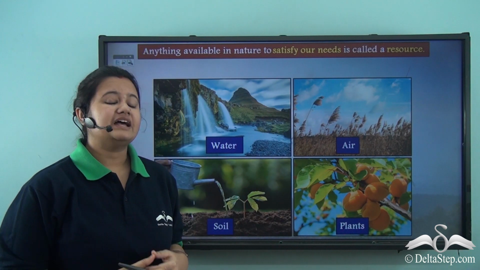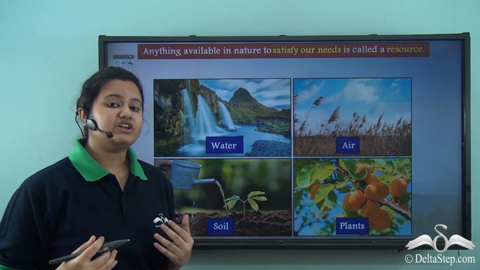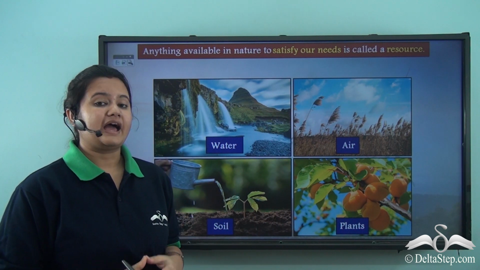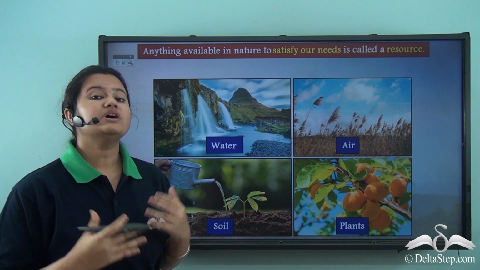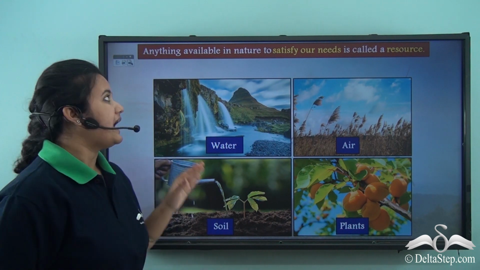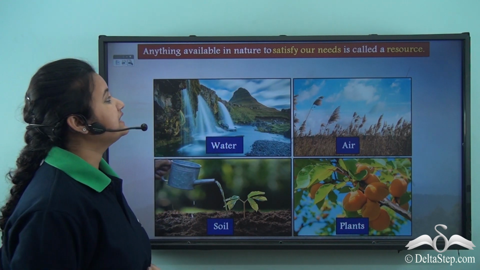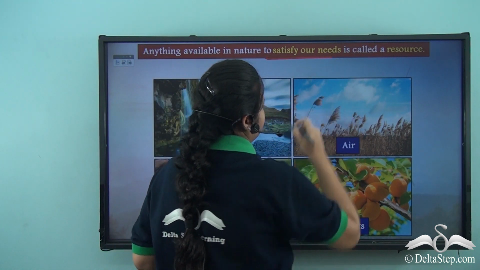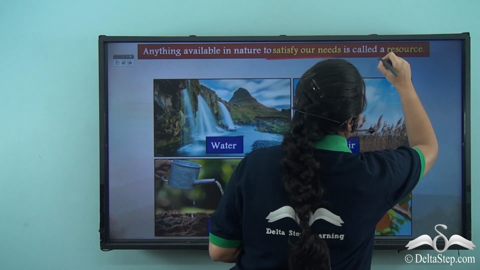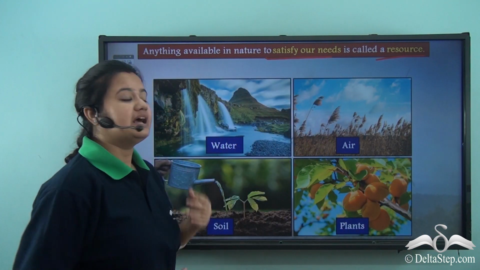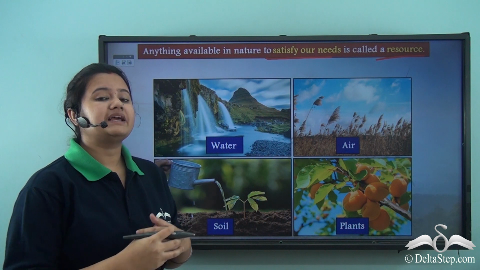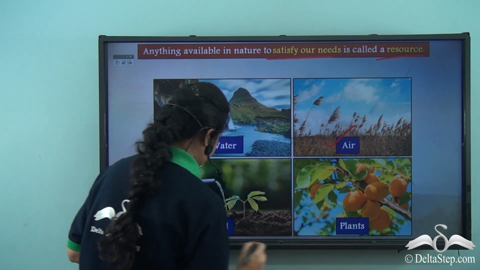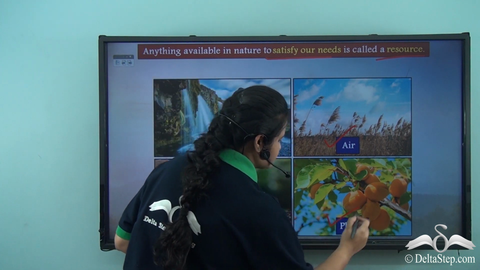So, just like early men, even we use many things that are available in nature, and these things help us to satisfy our needs. These things that are used by us in order to satisfy our needs are known as a resource. Common examples of resources are water, air, soil and plants.